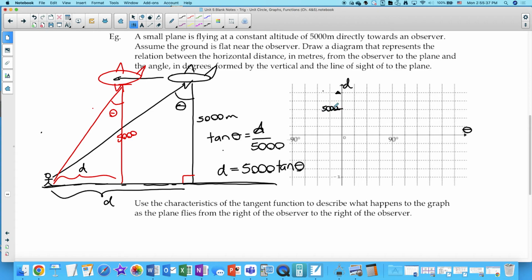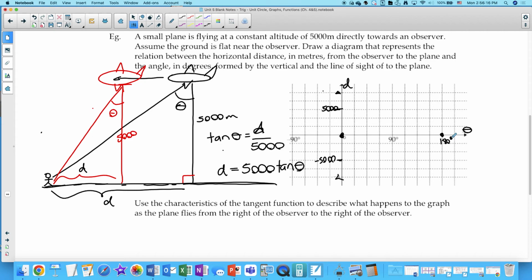Okay? Now, the zeros happen at multiples of 180, starting at 0, then adding 180. So that's 0. 4 squares is 90, so another 4 will be 180. But realistically, there would be a restricted domain here because we're actually looking at something physical where that theta angle is part of a triangle. The asymptotes are going to happen here.